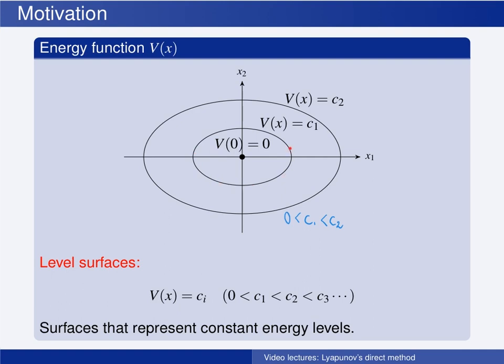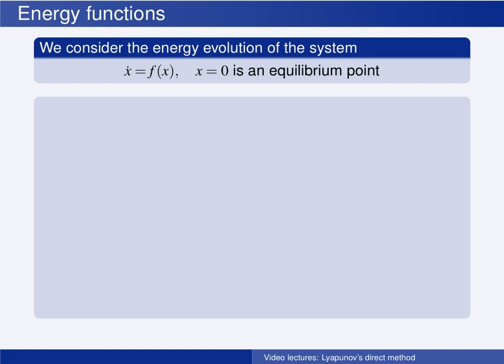So how can we use this energy function to analyze the stability properties of the equilibrium point at the origin? Remember that we consider time-invariant systems in this form here, for which the origin is an equilibrium point. What we do is that we study the time evolution of the energy of this system. Specifically, we study how the energy evolves along the system trajectories.